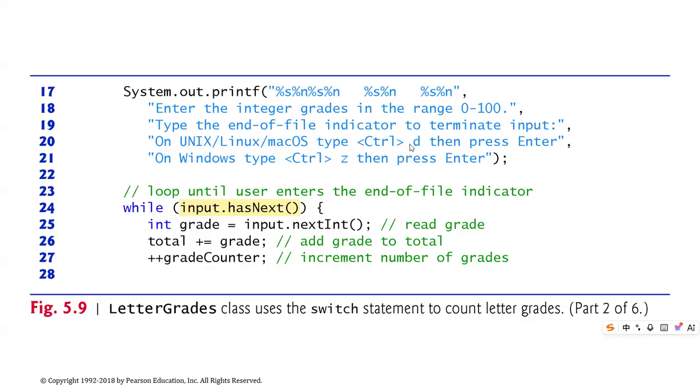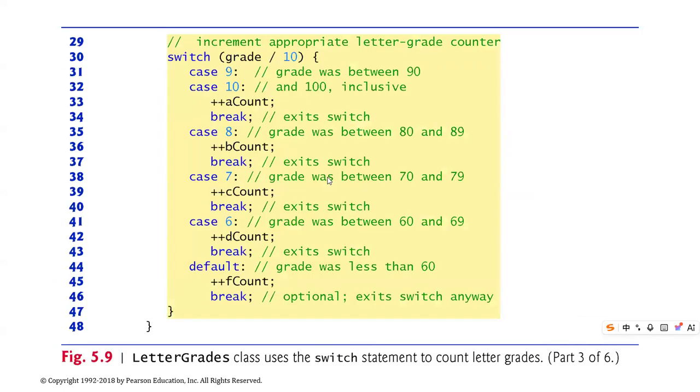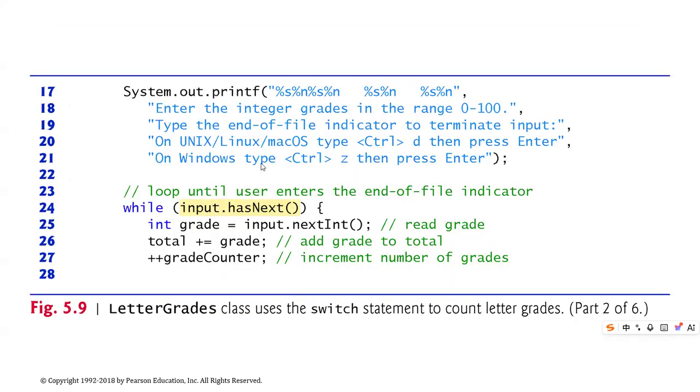After our input, everything will go into the while loop. Here, input.hasNext means that we continually read the next line of our input. And once we read the next line, input.nextInt, right? The input.hasNext means that it doesn't terminate, that means it doesn't reach the end of file indicator in our console.